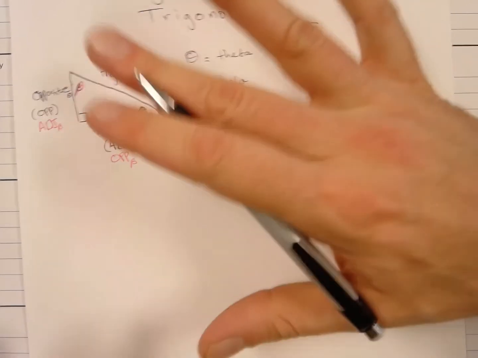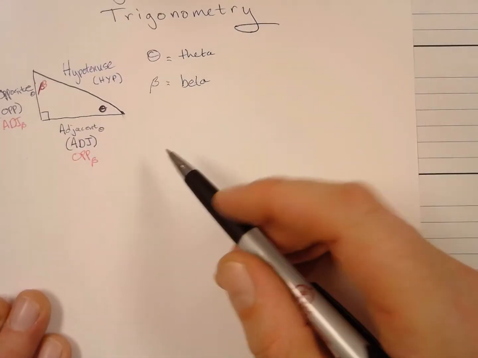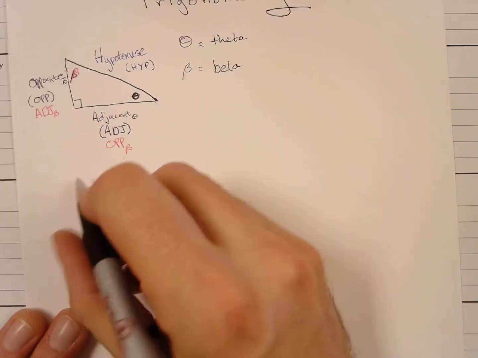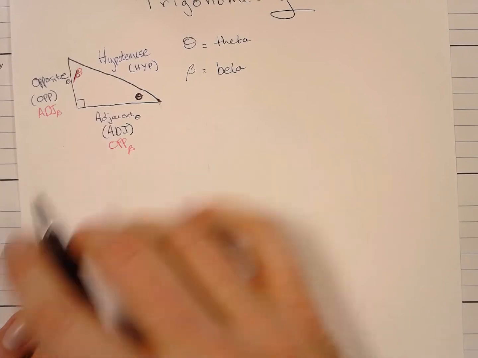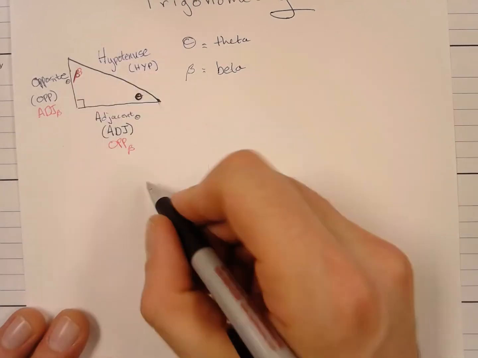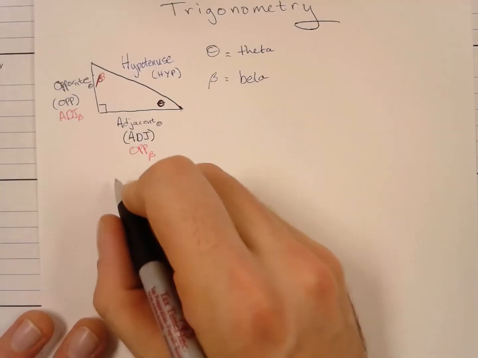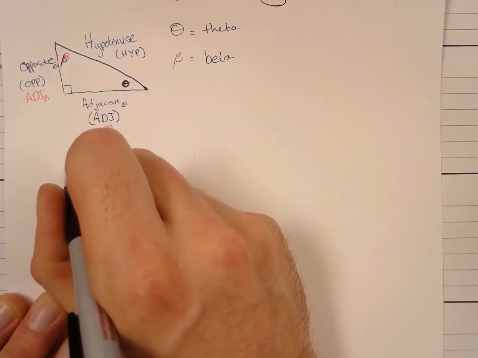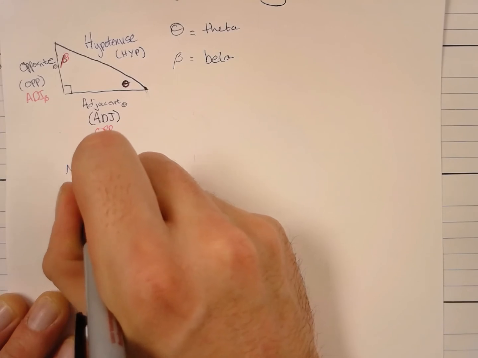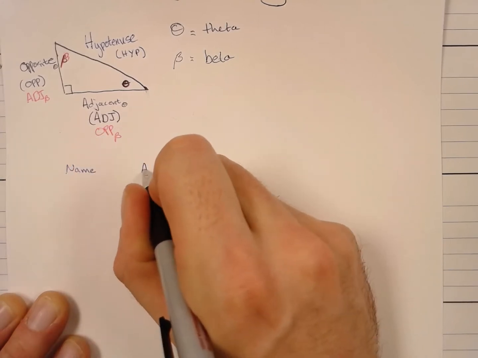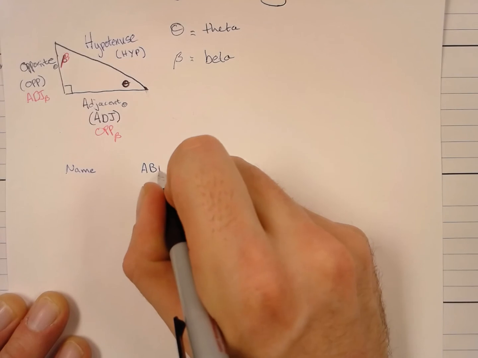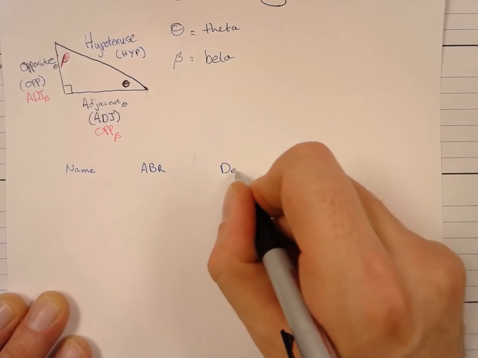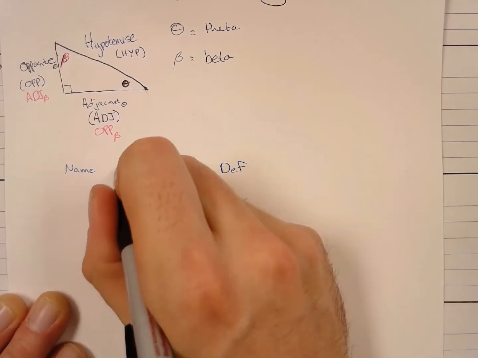Okay, now that we know how to leave, let us take a look at the definitions for the 3 basic trig functions. Once again, there's really 6, but you'll learn about the other 3 later. All right, so I'm going to create a little table here. I'm a big fan of tables. My first column will be the name of the trigonometry function. The next column will be the abbreviation, and then the definition in our third column.